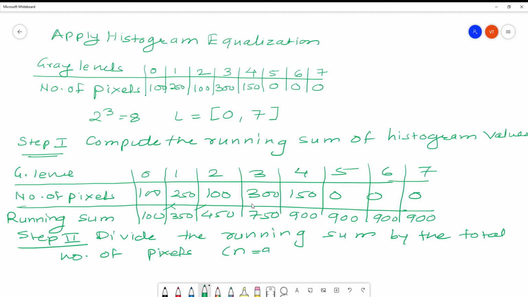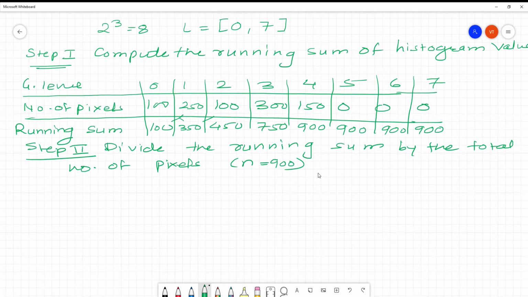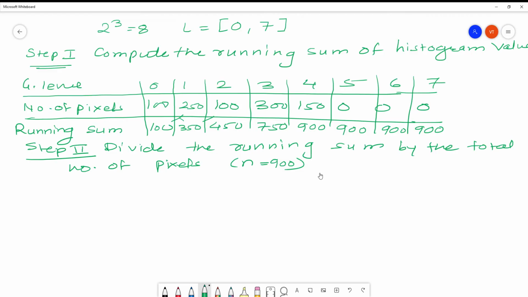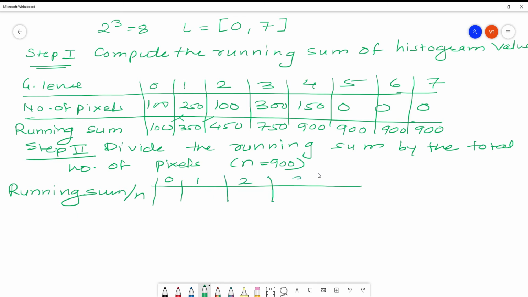N equal to 900. Okay, so step 2 will be running sum divided by N, that is 900, right? Again for all the gray level values, we'll do this for 0, 1, 2, 3, 4, 5, 6 and 7.